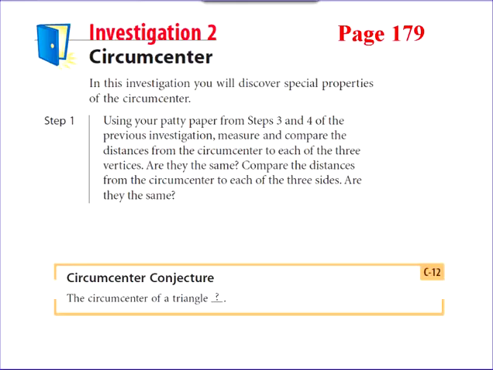This one. So what you need to do now is measure from the circumcenter to each of the vertices.